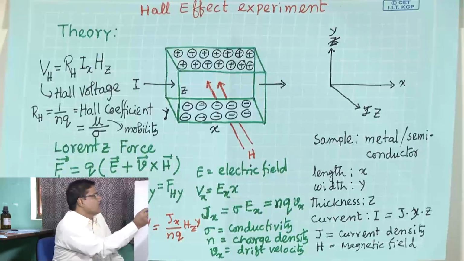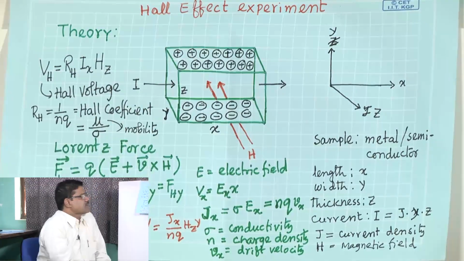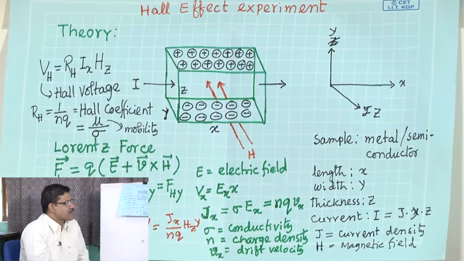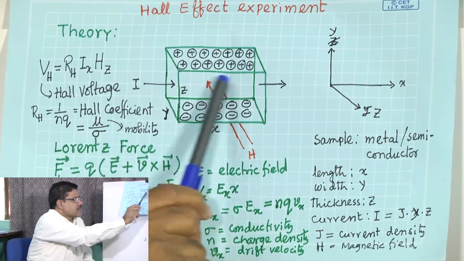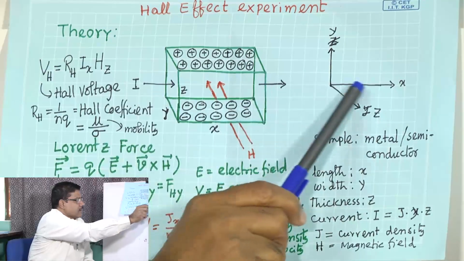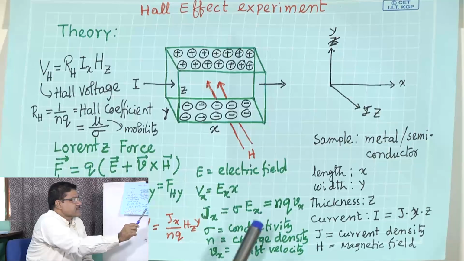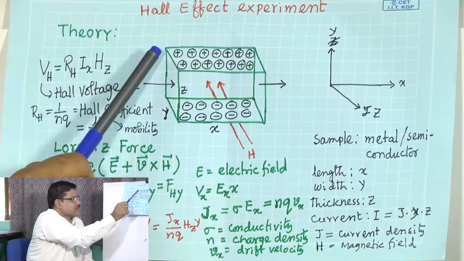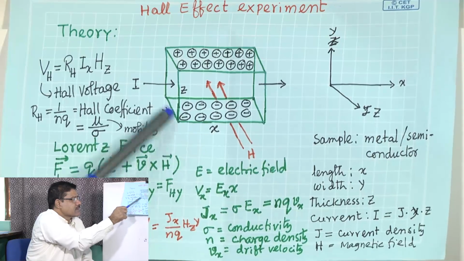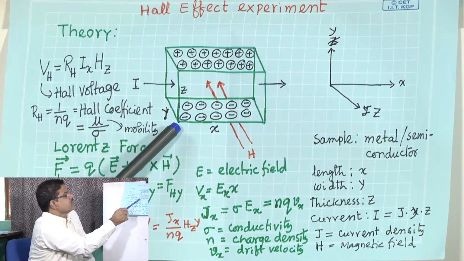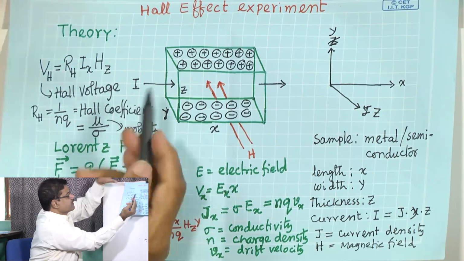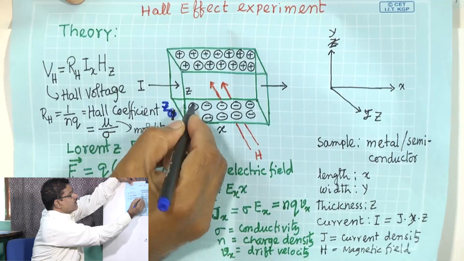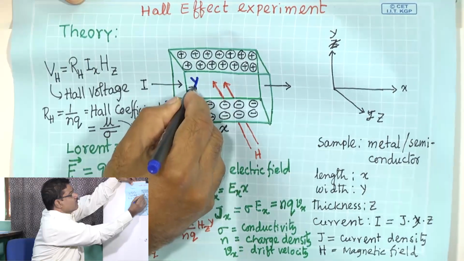We know the Hall effect basically: say you have a rectangular sample, so this is the x direction, this is the y direction, and this one is the z direction. Sorry, I think I made a mistake. So this will be z, and this will be the y direction.